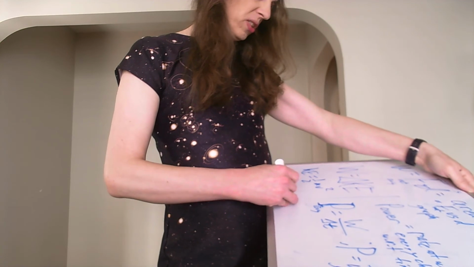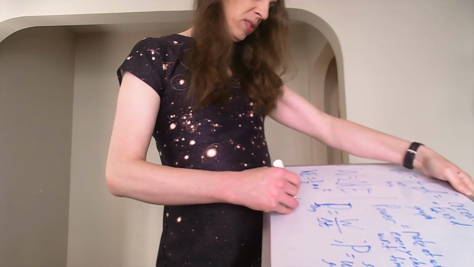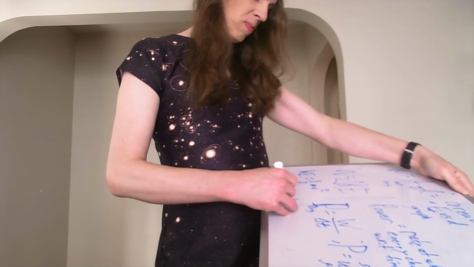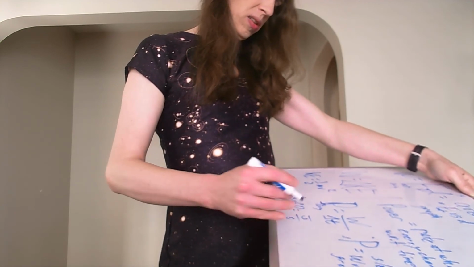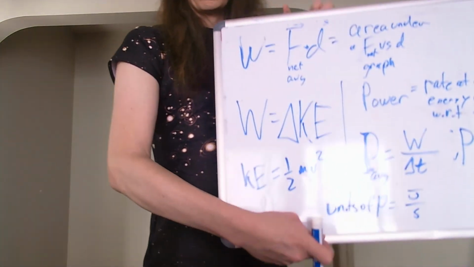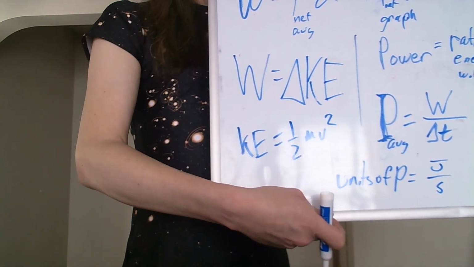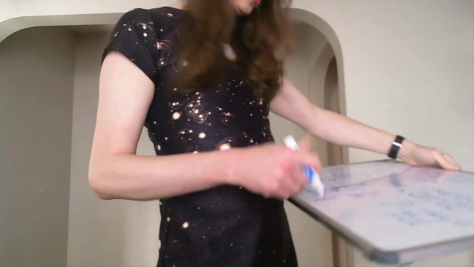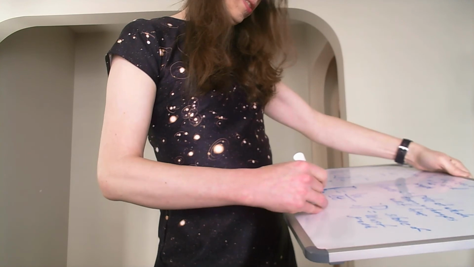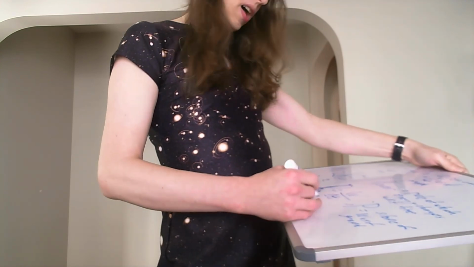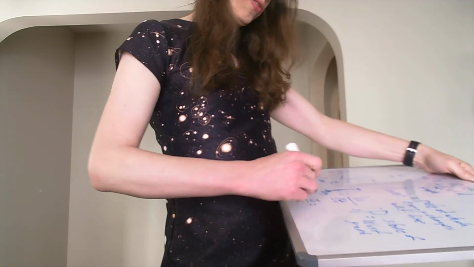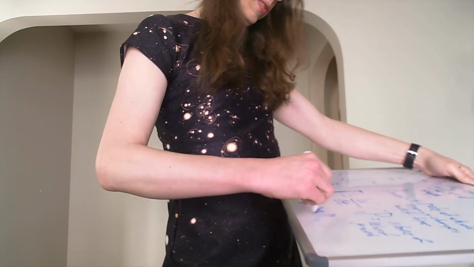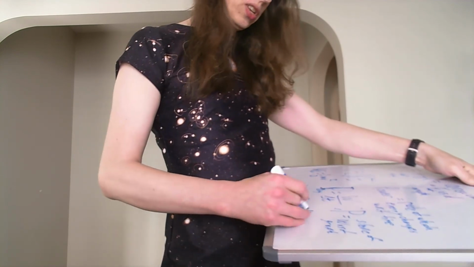And it has units of units of work divided by units of time, which are joules per second. But it's also the same unit that you run into in everyday life when dealing with electricity.